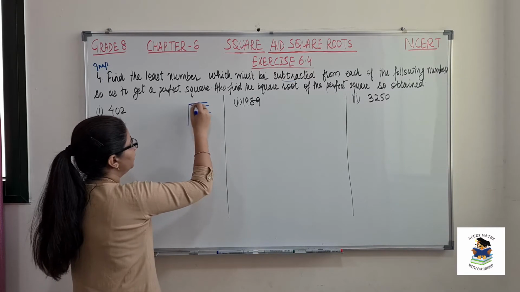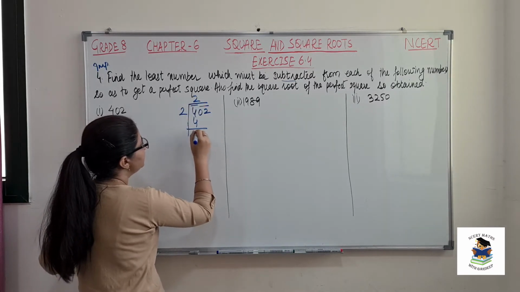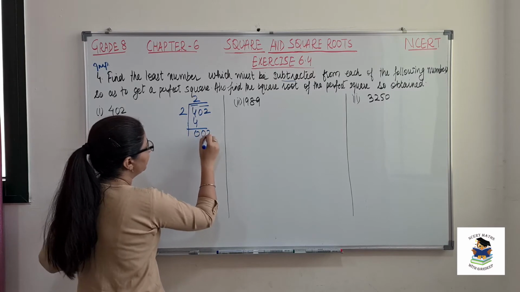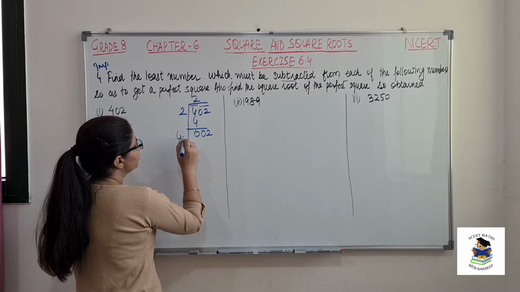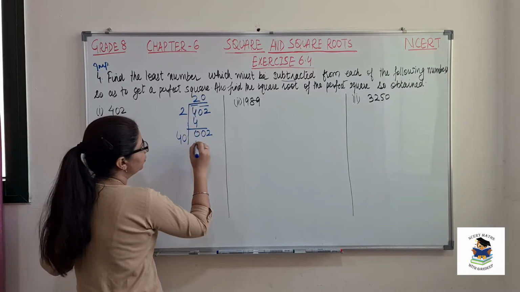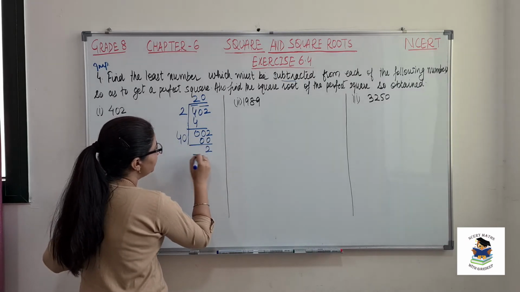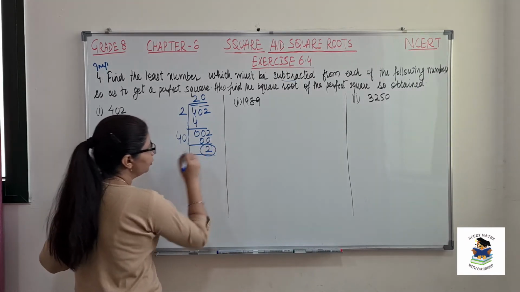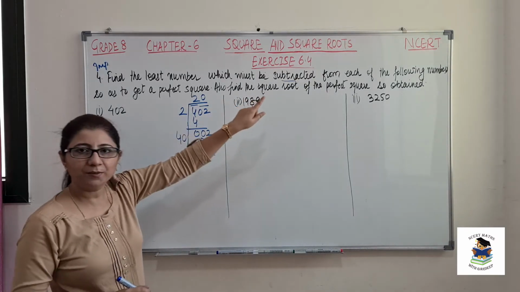So this is one pair, this is second pair. So 2 2s are 4, remainder is 0. This full pair will come here. So this is 2, 2 plus 2 is 4. So minimum number that I can put here is 0 because this 2 is smaller than 40. Okay, so what is the remainder in our case? 2. So this is the number that should be subtracted.